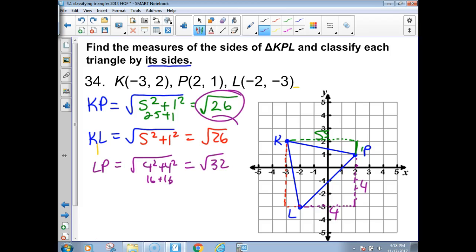Two sides are the same. So it's isosceles. If all three sides had been the same, it would have been equilateral. Okay? Now, you can make the distance formula easy or hard. That's the easy way to do it. Much less mistakes than if you subtract and square.